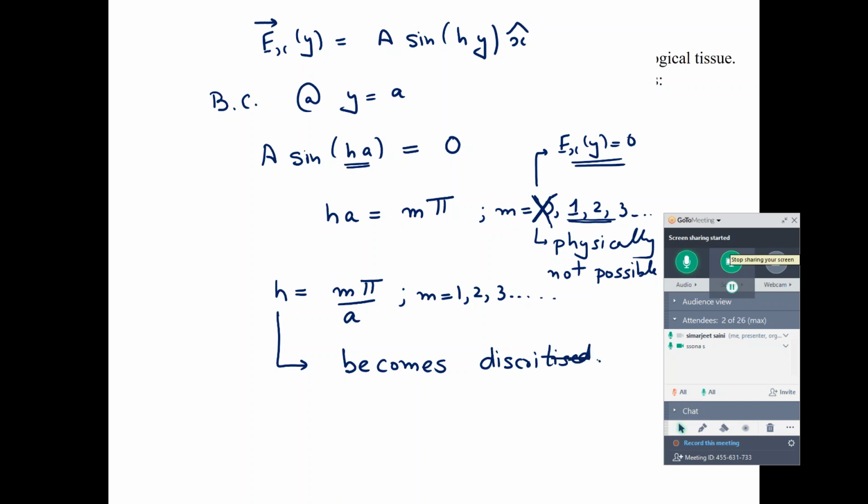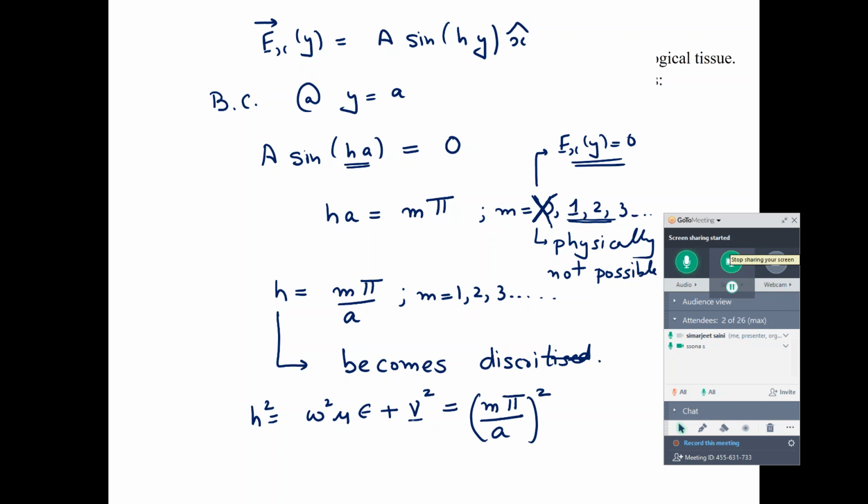It can only take certain values, it cannot be some arbitrary term. And remember, what was h? H square was omega square mu epsilon plus gamma square, and that is (m pi by a) square.